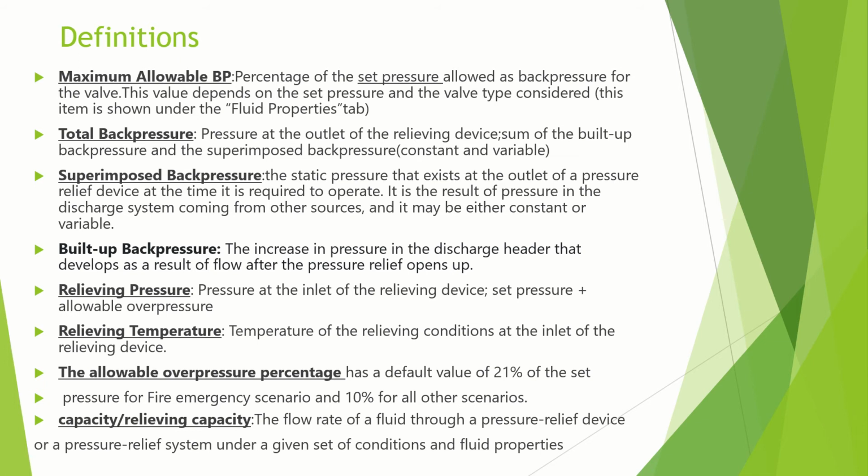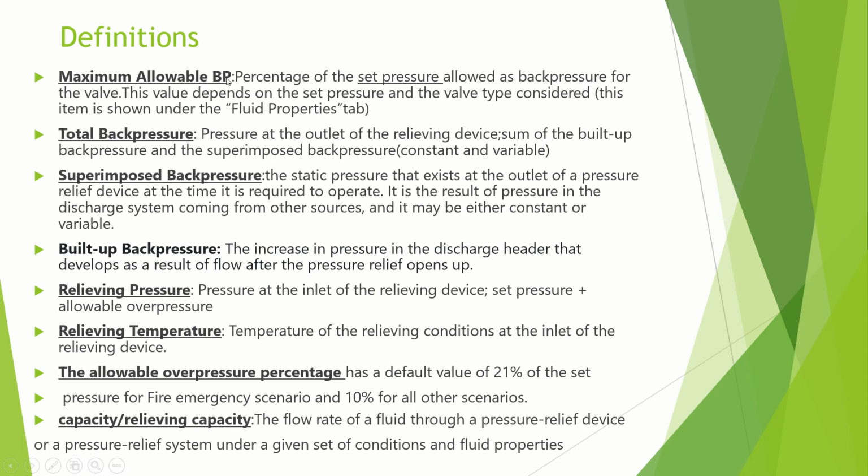Some definitions here appear in the safety analysis environment. The first one is the maximum allowable back pressure, which is the percentage of the set pressure that is allowed as back pressure for the valve. This maximum allowable back pressure depends on the set pressure and the type of the valve.